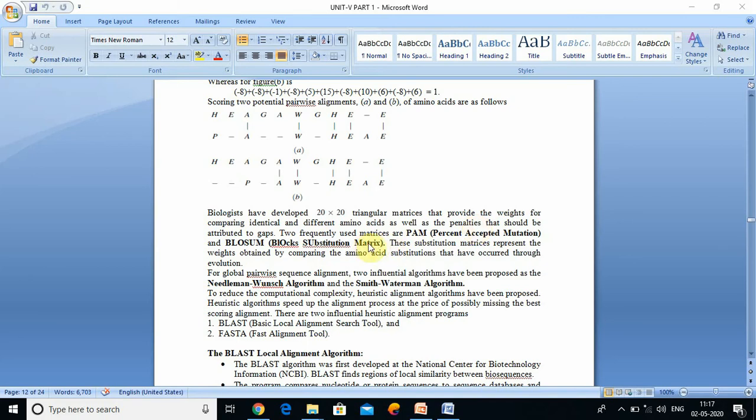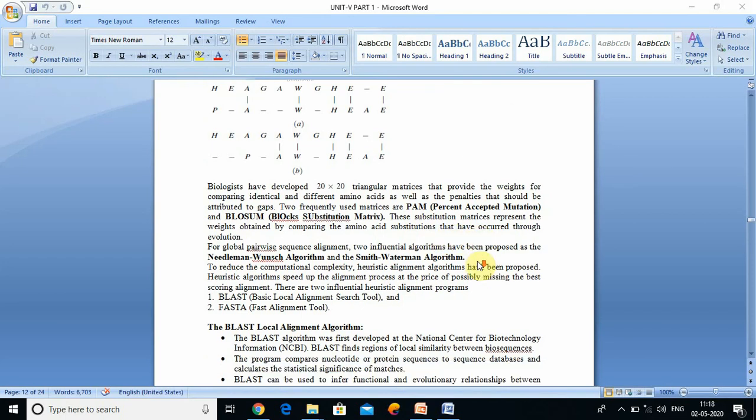Two frequently used matrices are PAM, which stands for point accepted mutation, and BLOSUM, the Blocks substitution matrix. These are the two matrices. These substitution matrices represent the weights obtained by comparing amino acid substitutions that have occurred through evolution.